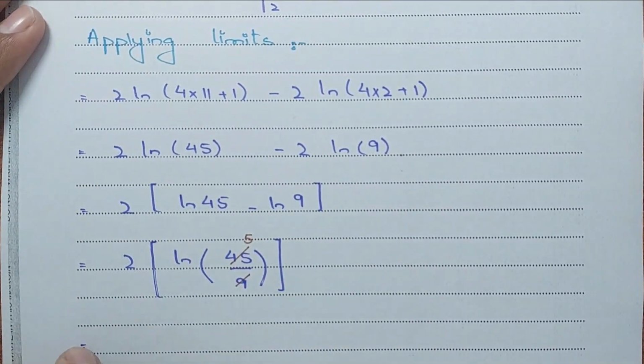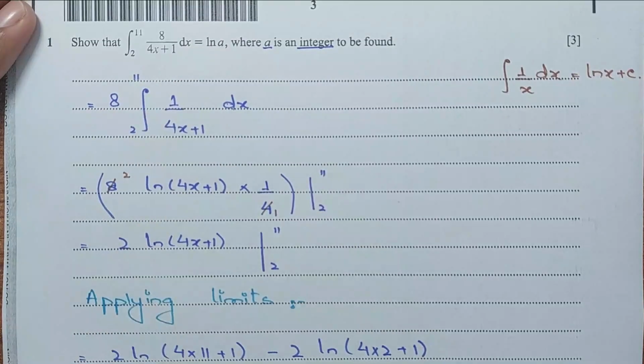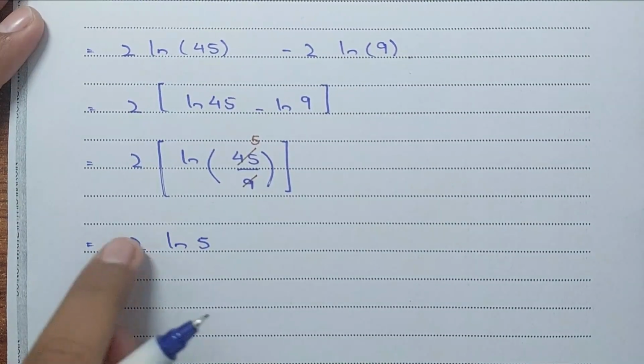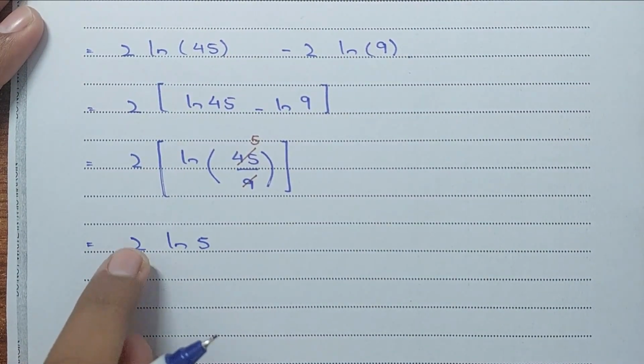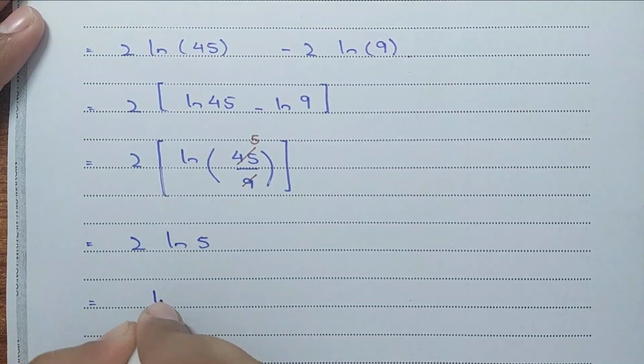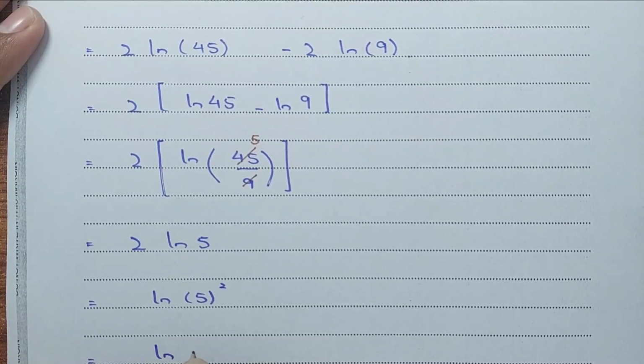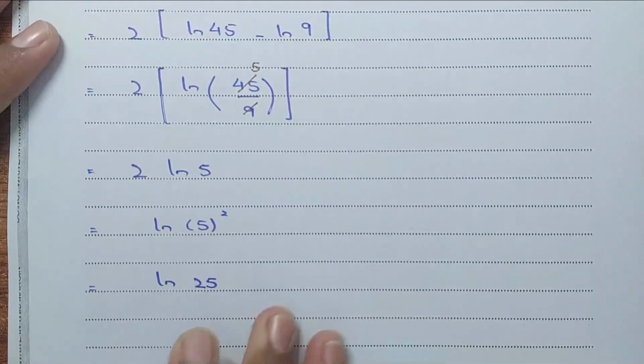So this becomes 2 natural log of 5, but we need to write the answer as natural log of A. There is no constant multiplying the natural log, so you have to shift the number multiplying the log to the power. So this is natural log of 5 to the power 2, which is natural log of 25.